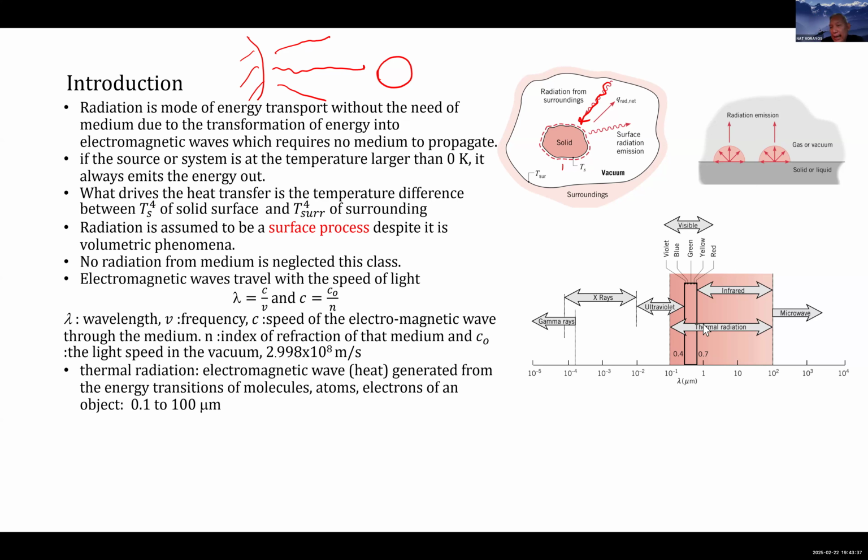There is also another name for the electromagnetic wave which has a wavelength less than 0.4, down to 10 to the minus 2. We call it ultraviolet, and X-ray from 10 to the minus 2 to 10 to the minus 4.